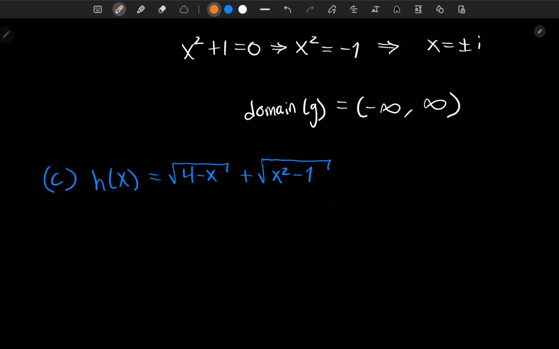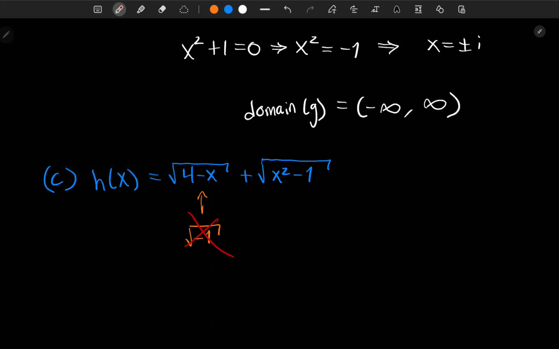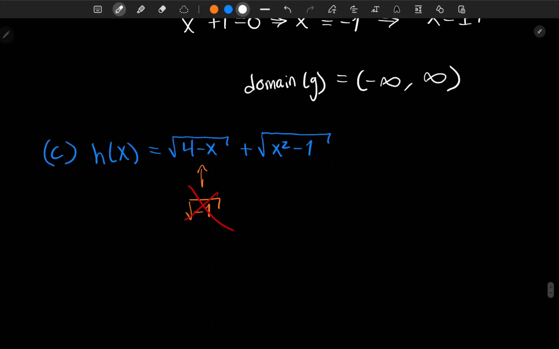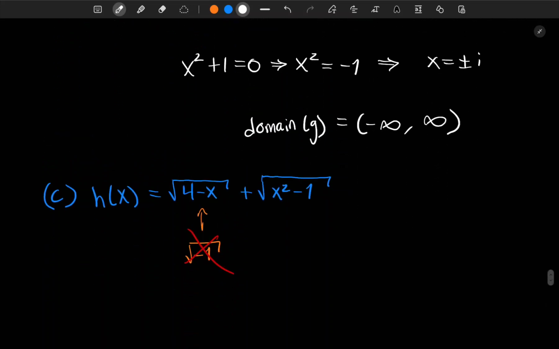For example, if we choose x is equal to 5, then we get the square root of minus 1, which is not a real number. So that's not allowed.